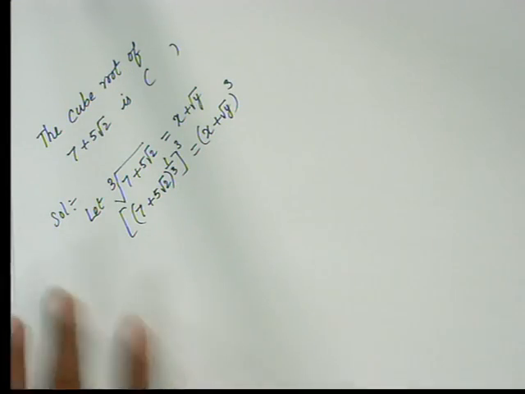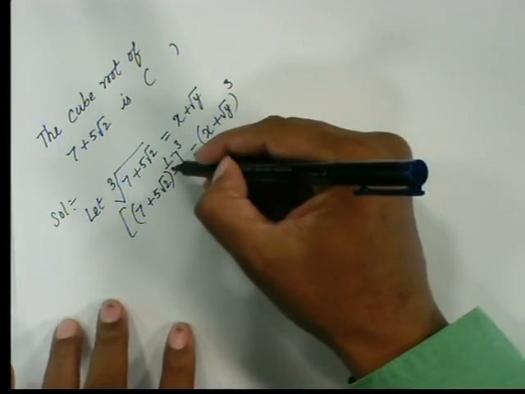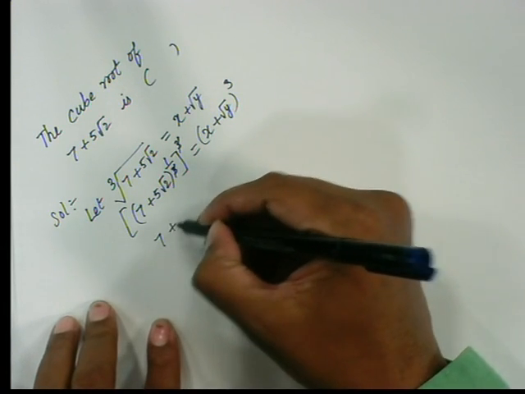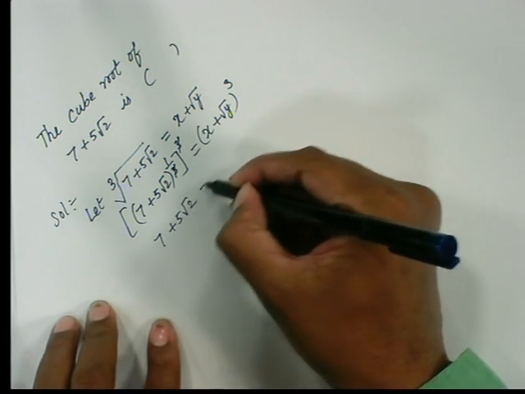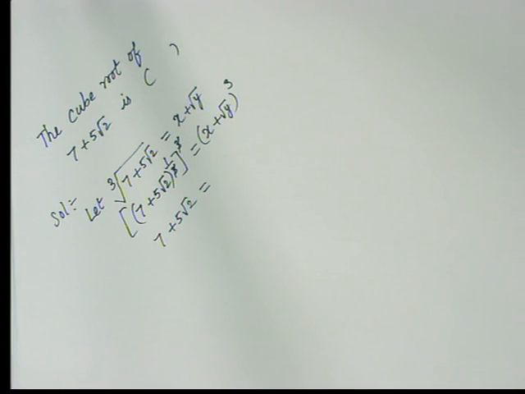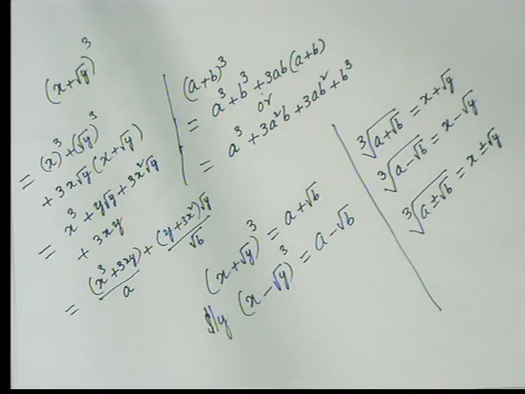I discussed this problem very clearly, after that I go directly to the problem itself. Okay. So, now this 3 gets cancelled, and 7 plus 5 root 2 is equal to x plus root y whole cube.